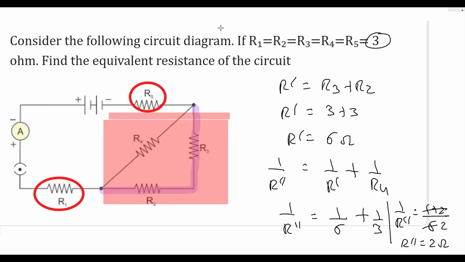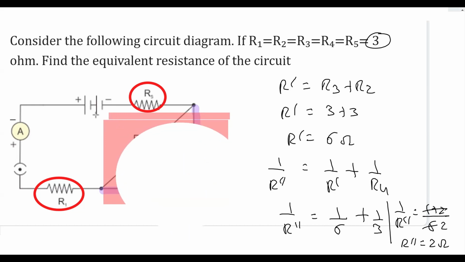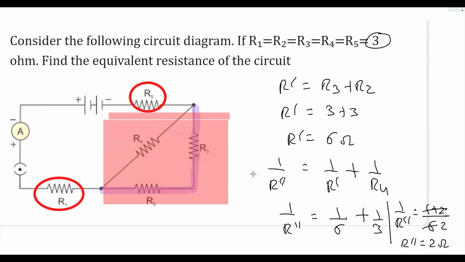On wiping one of them, you can see that the current stops to flow in the other. Similarly, if I remove this R double dash, current stops to flow in R1 and R5. So it is now clear that R5, R1, and R double dash are connected in series.